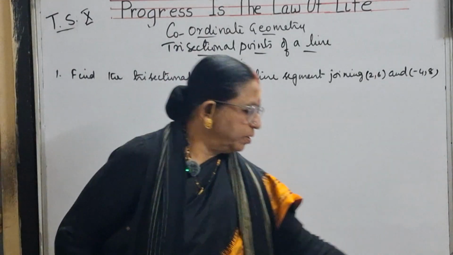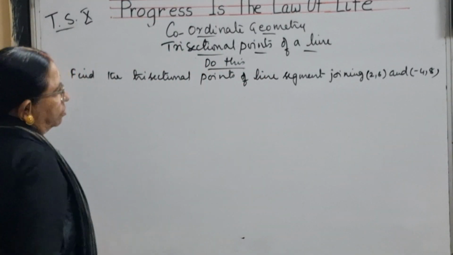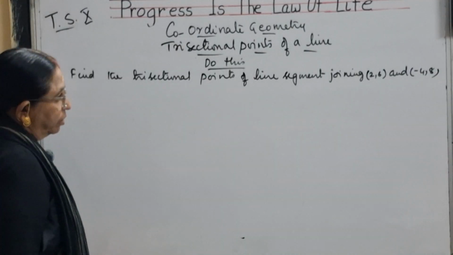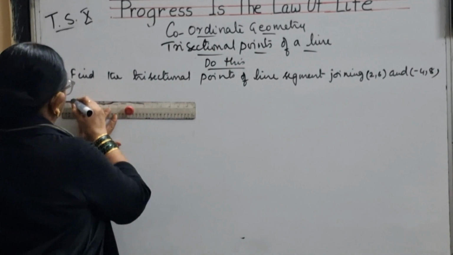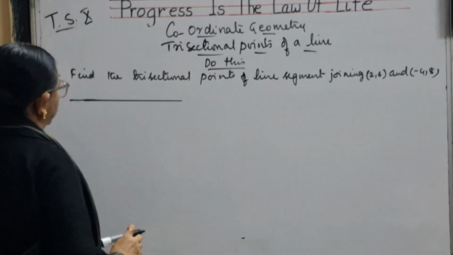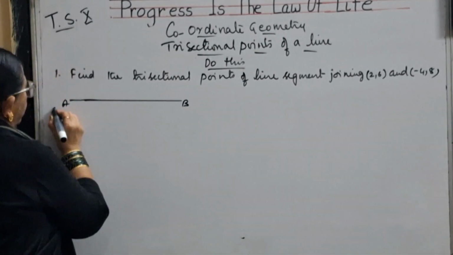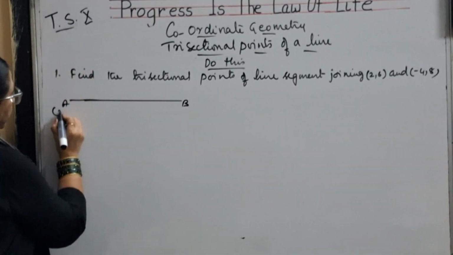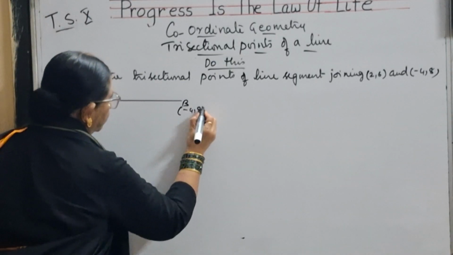Now do this first problem, children. Find the trisectional points of a line segment joining 2, 6 and minus 4, 8. So let me draw the line segment. This is AB, the line segment. Coordinates of A are 2, 6. Coordinates of B are minus 4, 8.